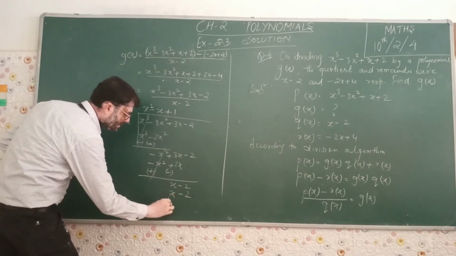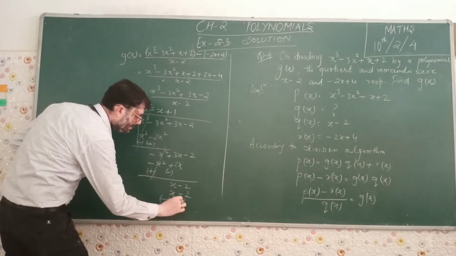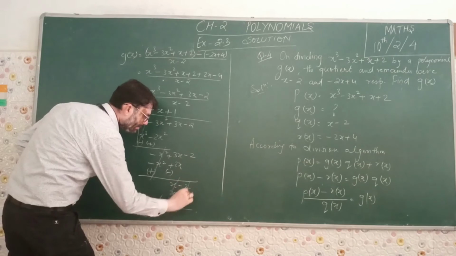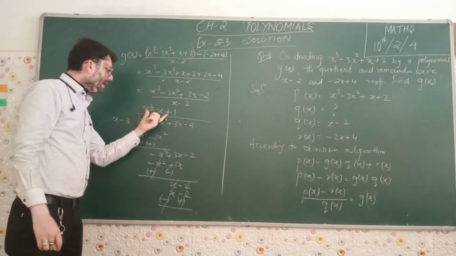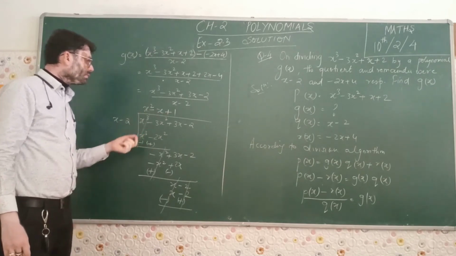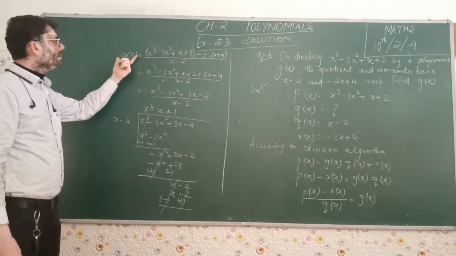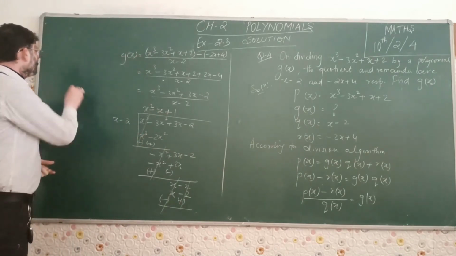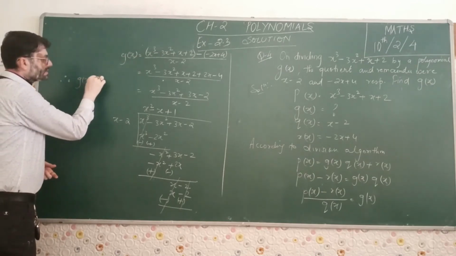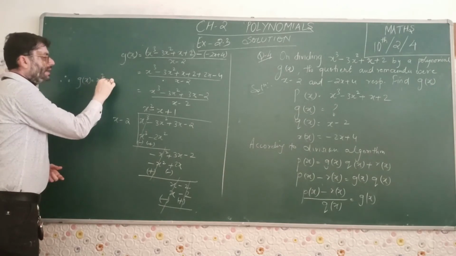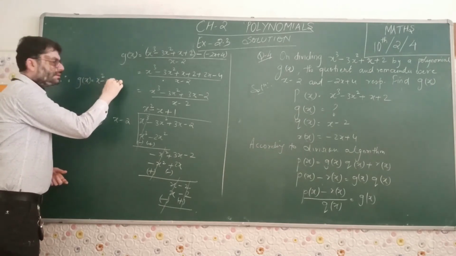Subtract it, so plus sign becomes minus sign, and minus sign becomes plus sign, and this is completely divided, and remainder is 0. The quotient that we have got in the division process is actually what we were looking for, g of x. Therefore, we can say that g of x is equal to x square minus x plus 1.